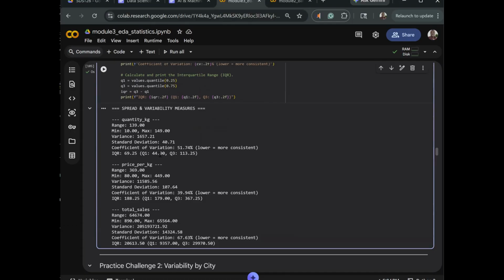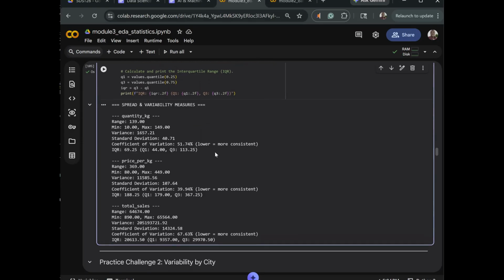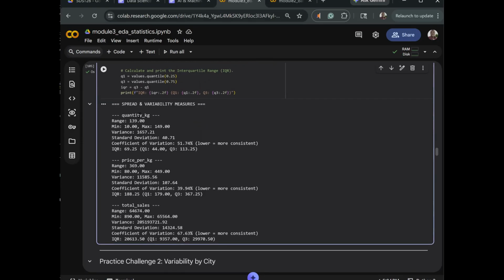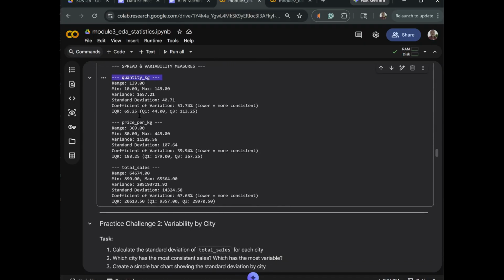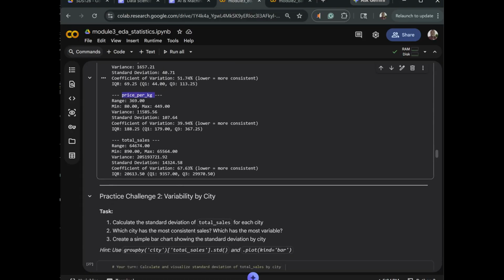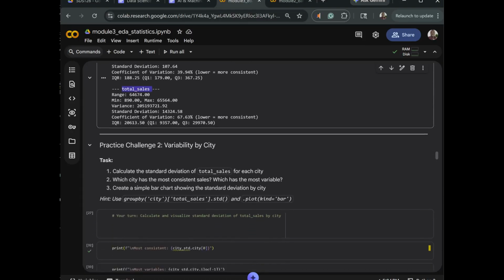So anything between 44 and 113 is regarded as normal, and anything below 44 might be regarded as an outlier, and anything above 113 may be regarded as an outlier for the quantity column. The same thing for the price column and total sales column.